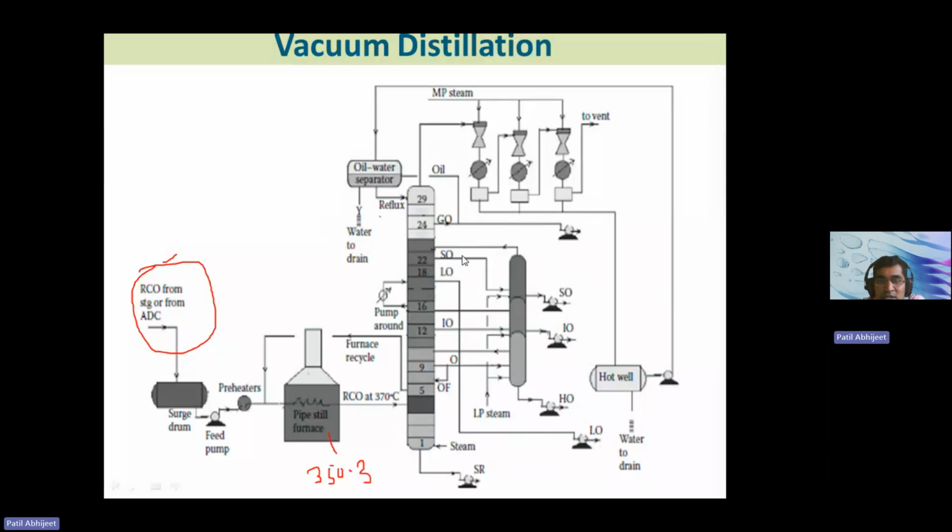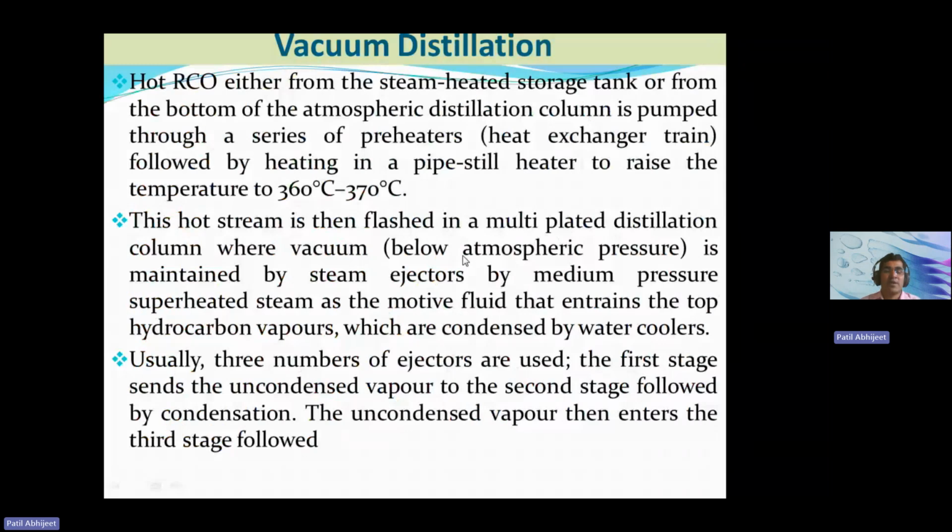In vacuum distillation, generally three different kinds of ejectors are used. The first stage ejector sends the uncondensed vapor to the second stage, so it is like an evaporator followed by condensation. The uncondensed vapor then enters the third stage.